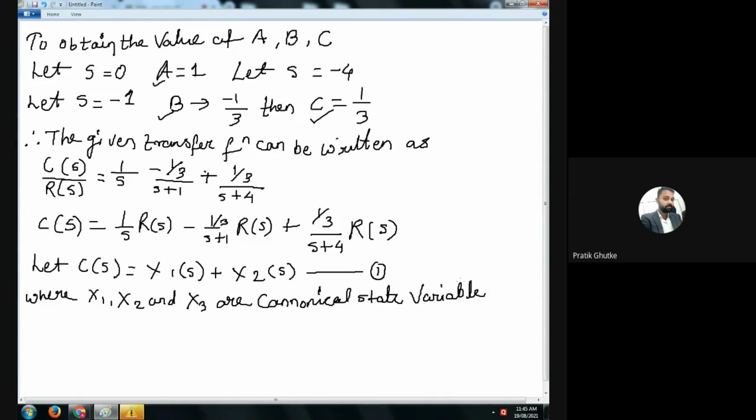See, I have to calculate now x1 of s. X1 of s equals R of s by s, from this equation.